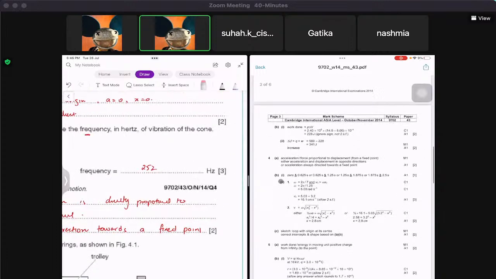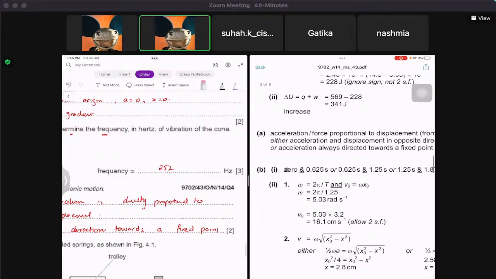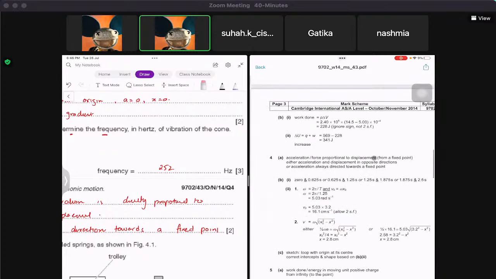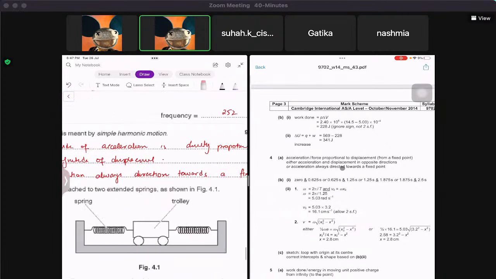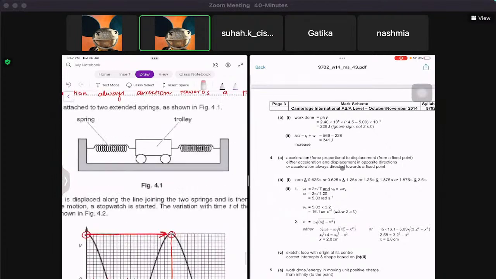They say acceleration is proportional to displacement from a fixed point, and either you write acceleration and displacement in opposite directions, or acceleration is always directed towards the fixed point, which is the mean point, right? So I have written this, you should remember this, and then there are a couple of answers where you can write 0 and 0.625, which we got, so that's fine.